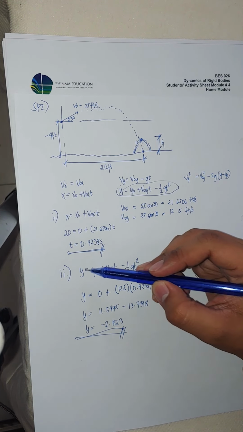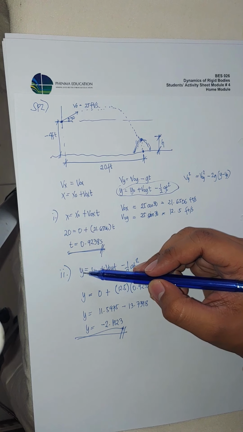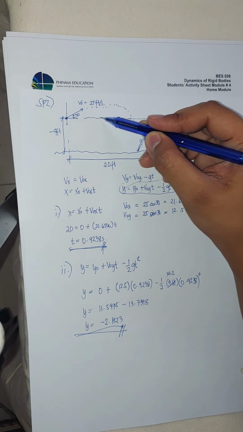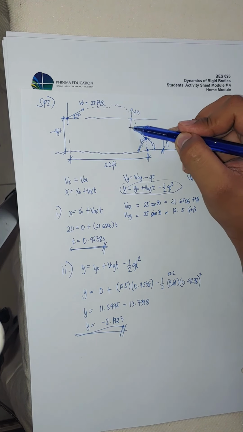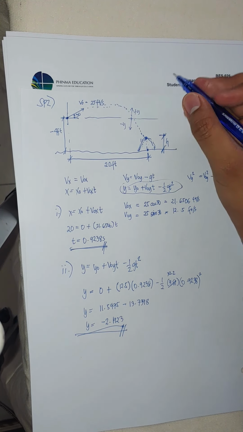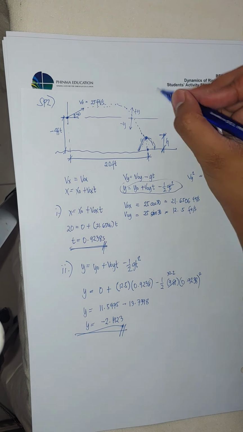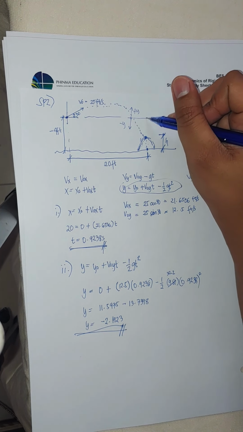No. We know that y is the distance traveled of the particle along the y direction. On our axis, going up is positive y and going down is negative y. So the negative 2.1923 is the vertical distance traveled by the point from here to this point at time 0.9238.